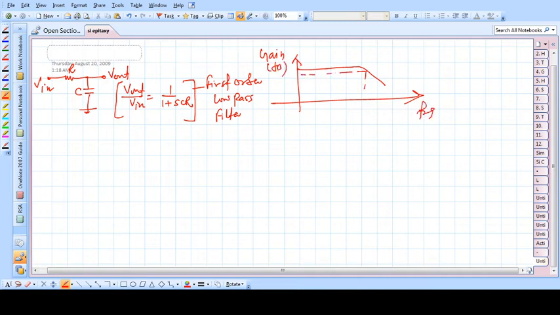This would be fh, this would be 0 dB, minus 3 dB. In magnitude it should be 0.707. This one is your pass band, and this would be the stop band.